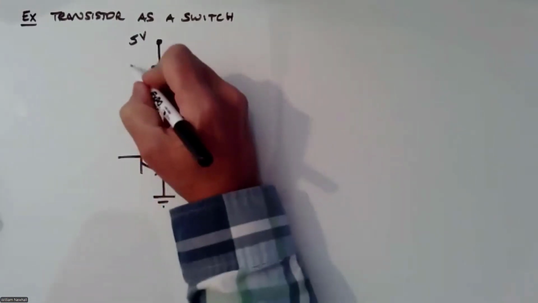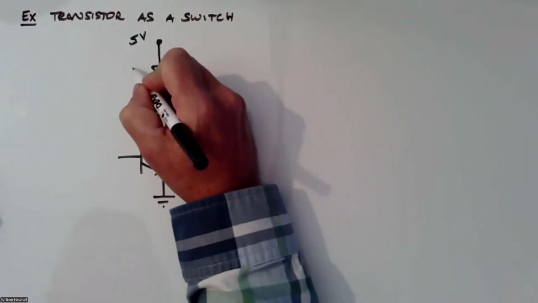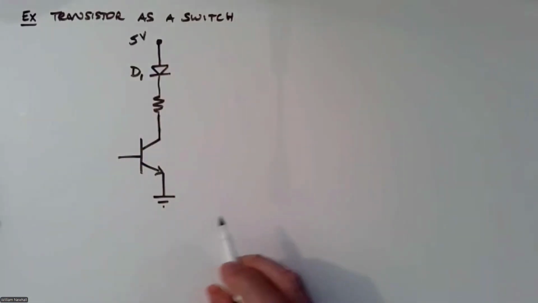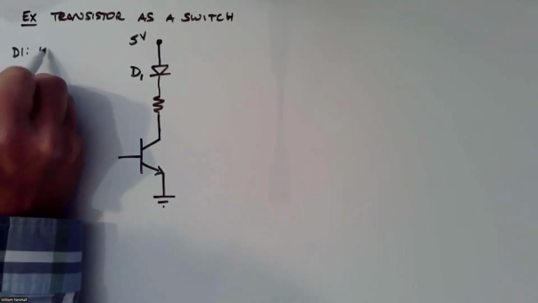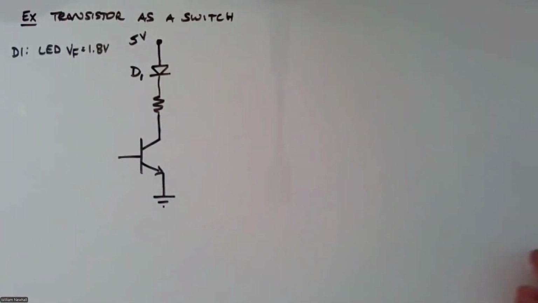And let's suppose this diode D1 is an LED. So D1 is an LED, and it has a forward voltage V sub F of 1.8 volts.